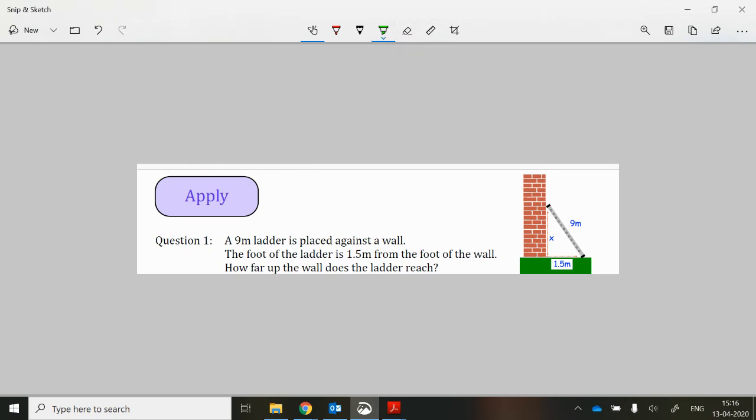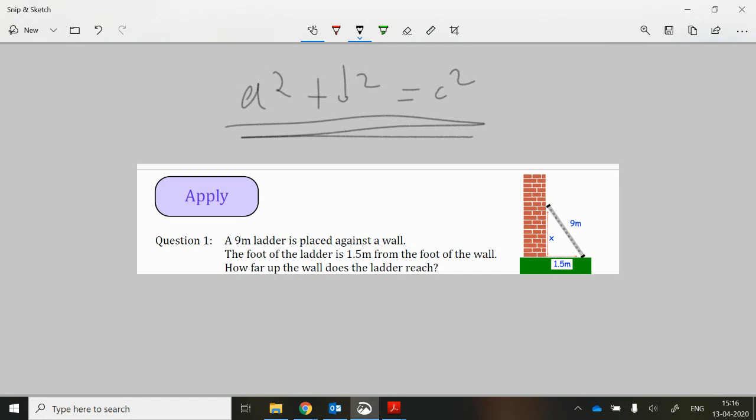For all of these questions, we're basically going to use A squared plus B squared equals C squared. That is the rule we use for Pythagoras' theorem.